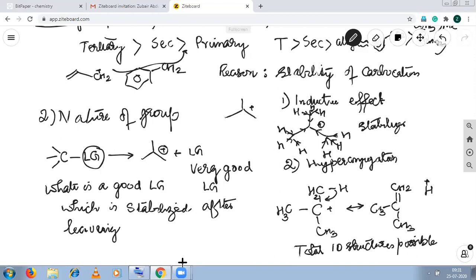For example, look here, you have a leaving group like this. This is one of the best leaving groups possible. This leaving group is called tosyl group. Tosyl.